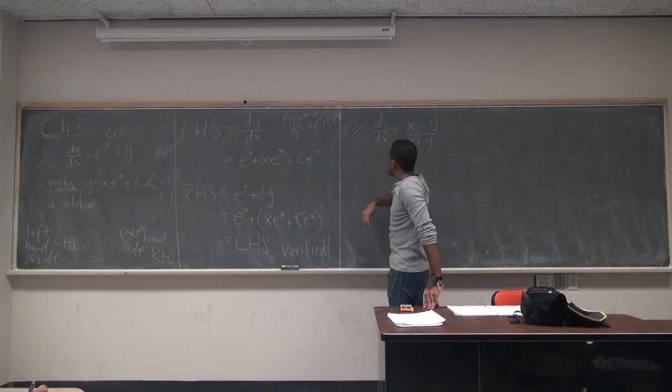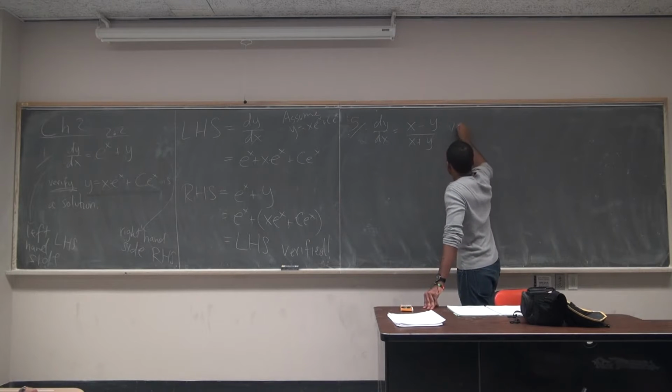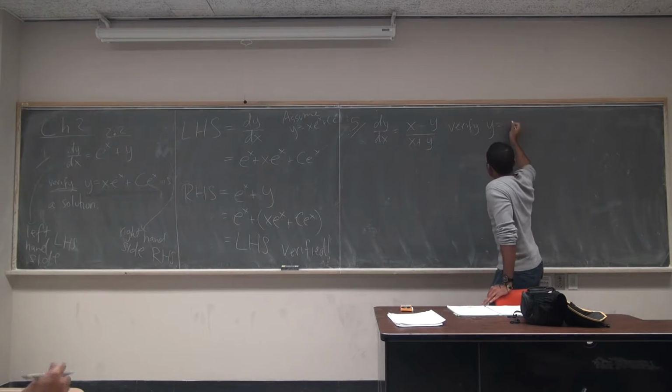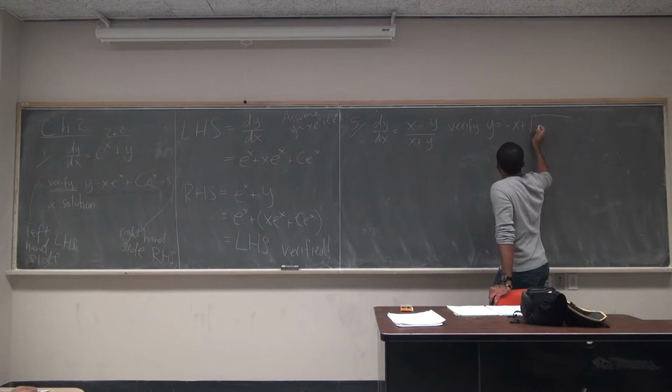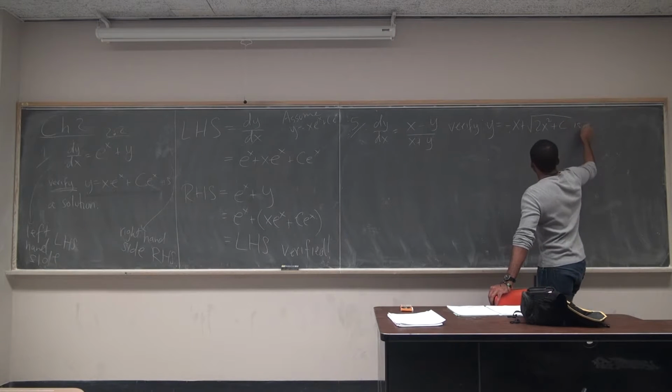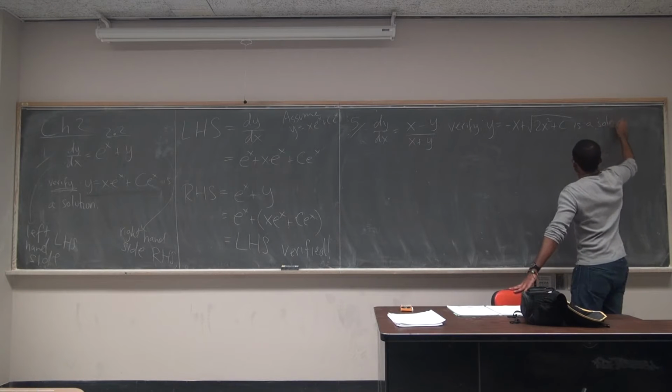Okay, and what do we have to do? We had to verify that for any constant c greater than or equal to 0, the expression y equals negative x plus the square root of 2x squared plus c is a solution. Yeah, the solution is that way.